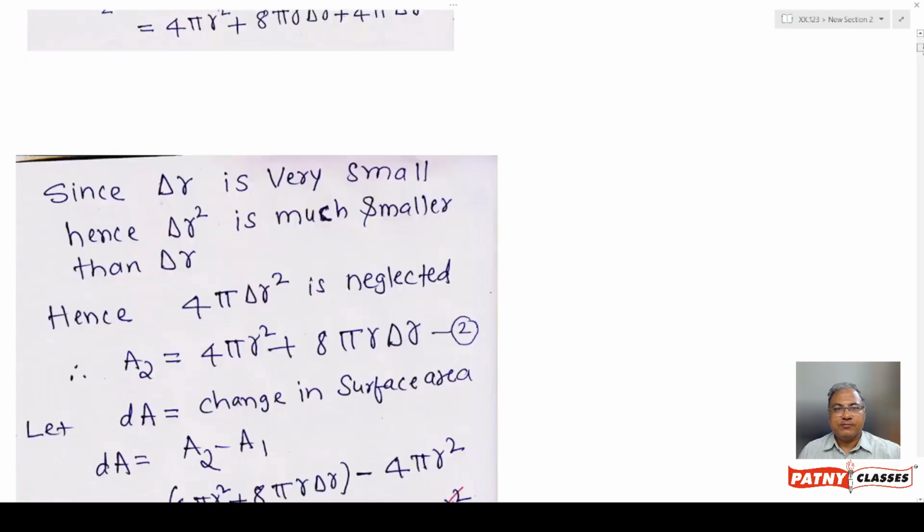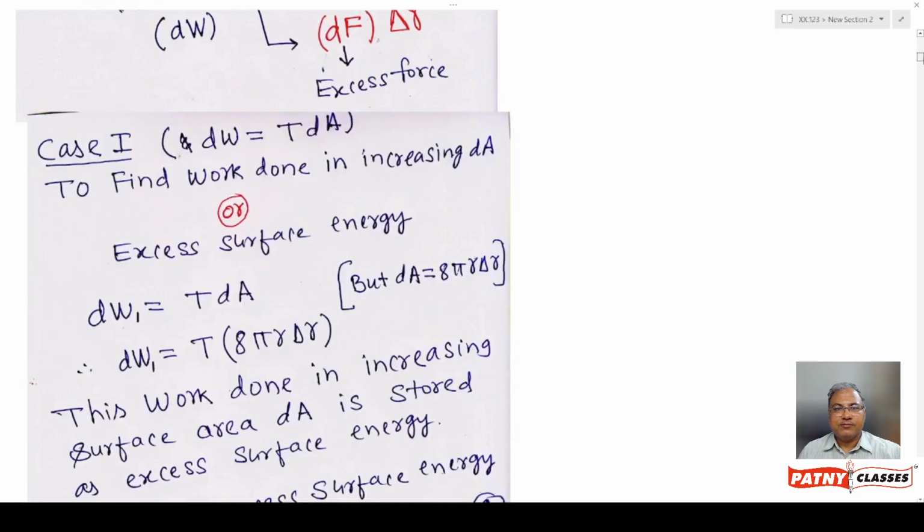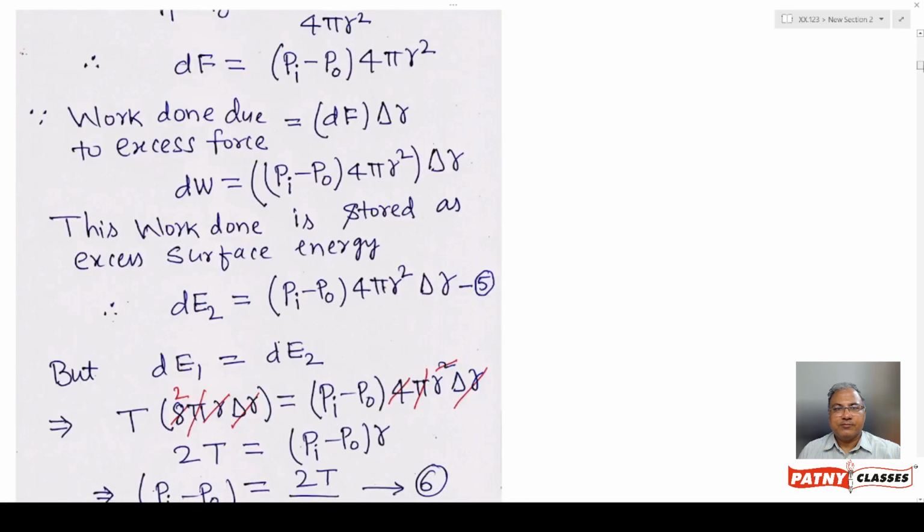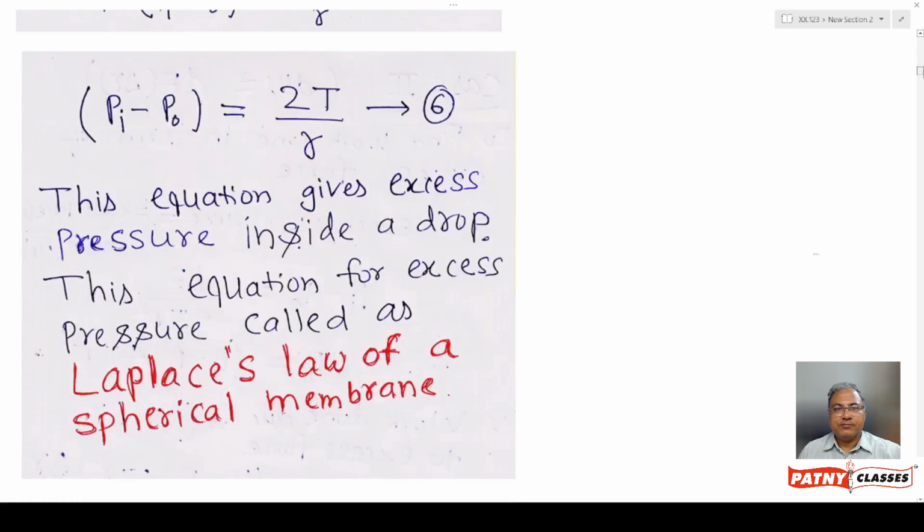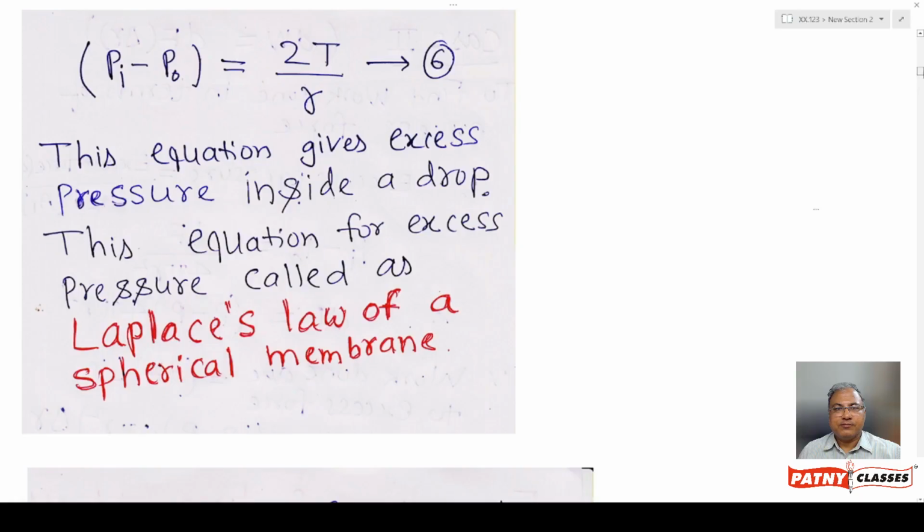We need to find the relationship between this pressure difference, surface tension and the radius of the liquid drop or liquid bubble. The difference of this pressure is called excess pressure.